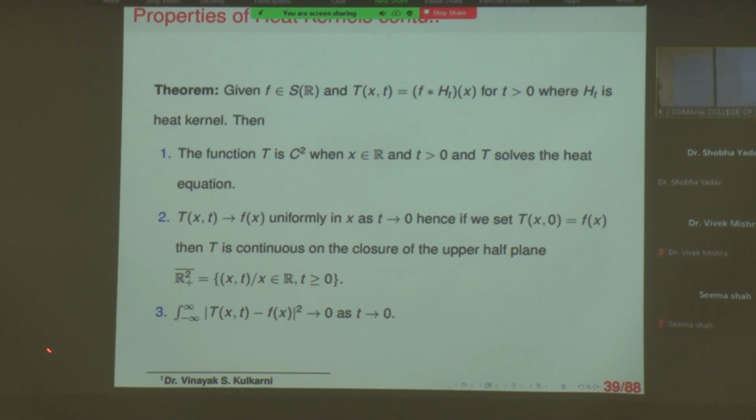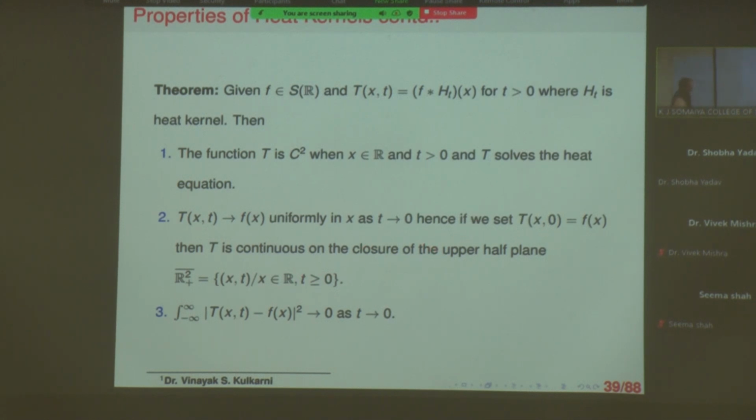Then the statement of theorem number 1: T is C squared, a twice differentiable function, because it satisfies the one-dimensional heat equation, where x is real and t is positive, or you can also take t greater than or equal to 0. T solves the heat equation represented by this expression. Second, T of x,t tends to f of x uniformly in x as t tends to 0.